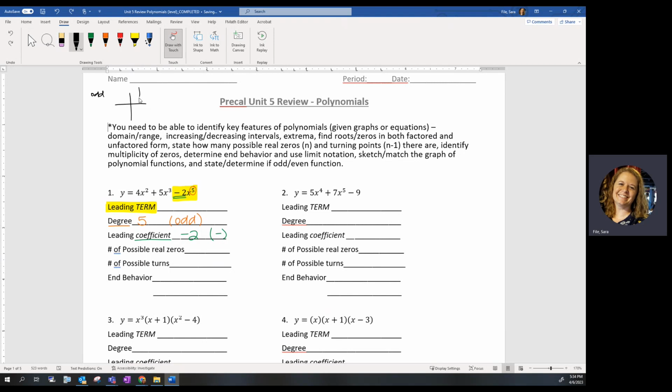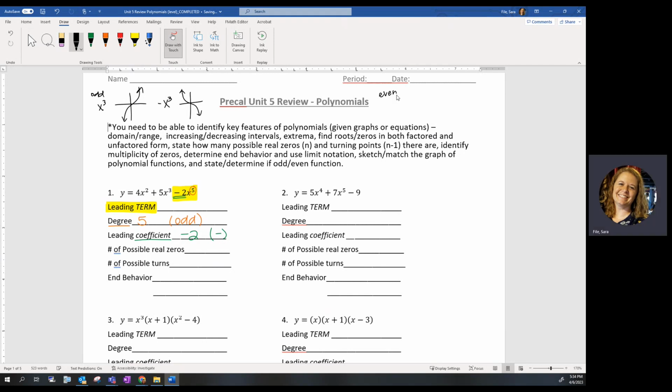Let me try that again. Okay, so if it's odd, I want you to picture x cubed, which looks like this. But if it's negative and odd, that has to be reflected. So you would picture it going this way. It's flipped over.